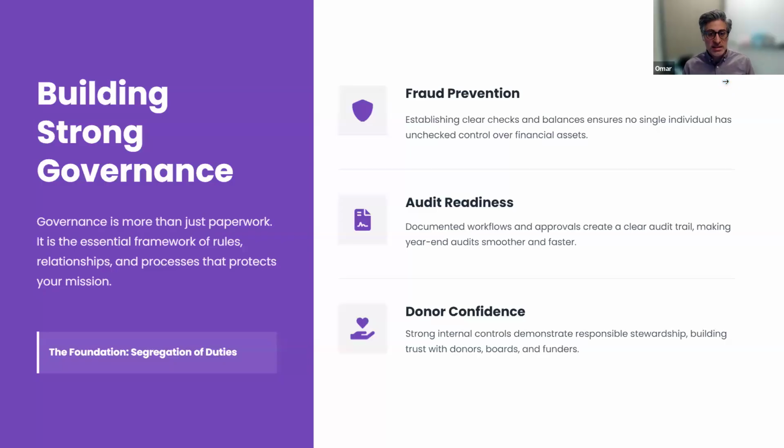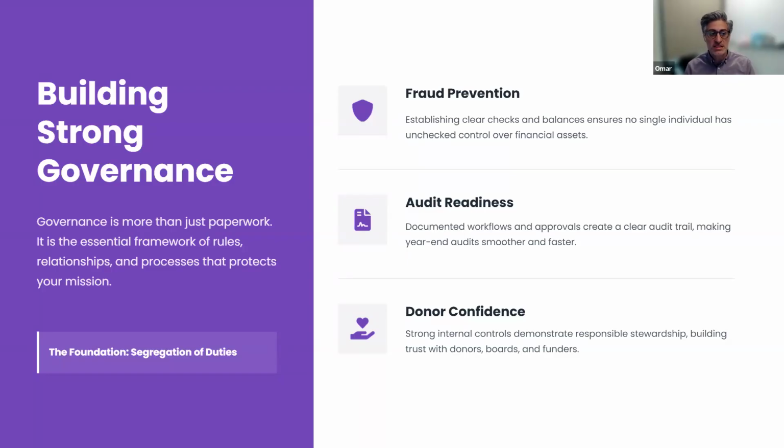So, wrapping it together, building strong governance often feels like an administrative load, but it isn't just about paperwork. It is really the essential framework of rules, relationships, and processes that protect an organization's mission. The foundation of all of this is in the segregation of duties.